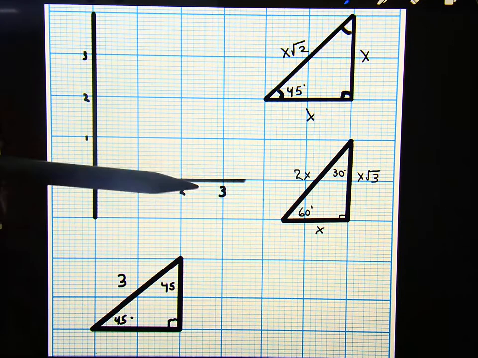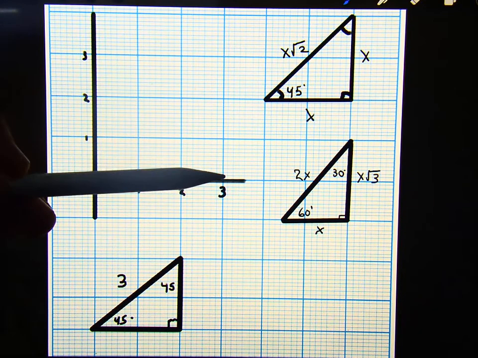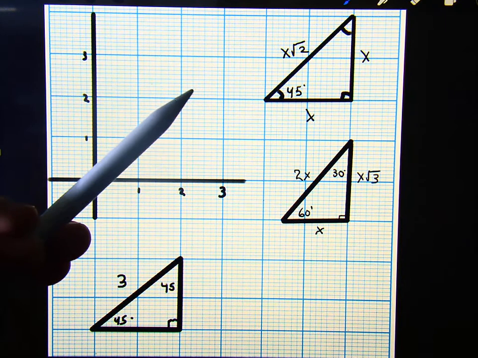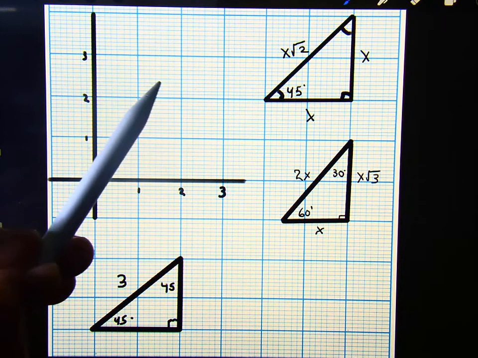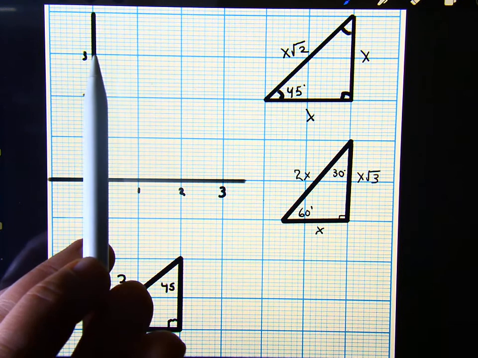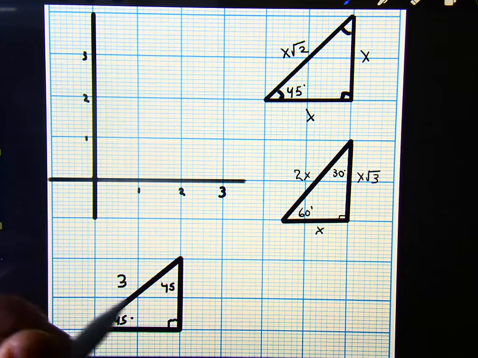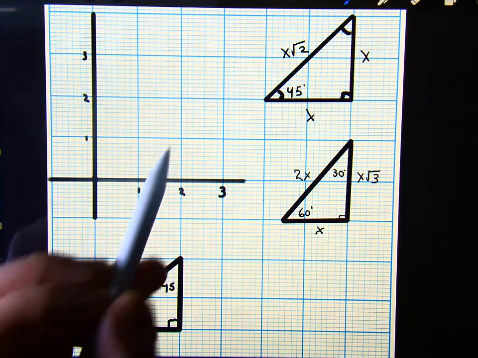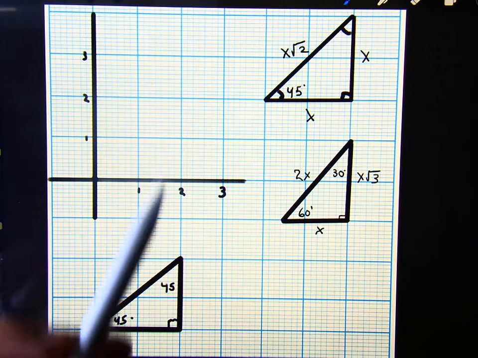When I take that radius of 3 and start tilting it around what would become our unit circle, you'll notice that it's not going to land at any perfect number. So we need to do a little bit of math to figure out what these other two sides are so we can find our coordinate.